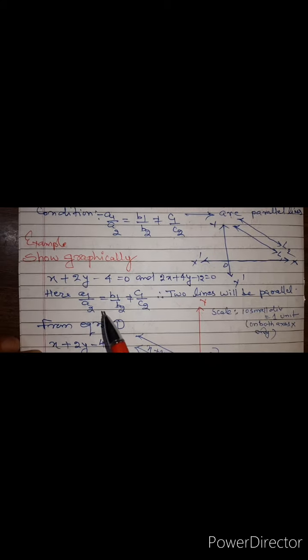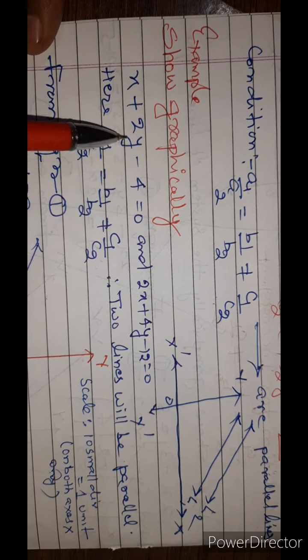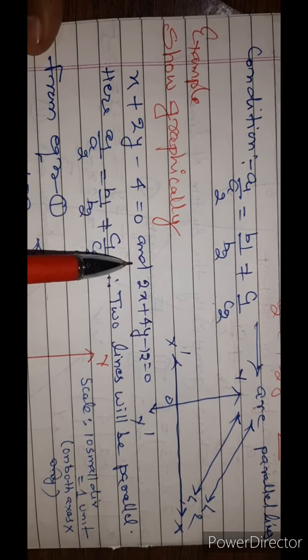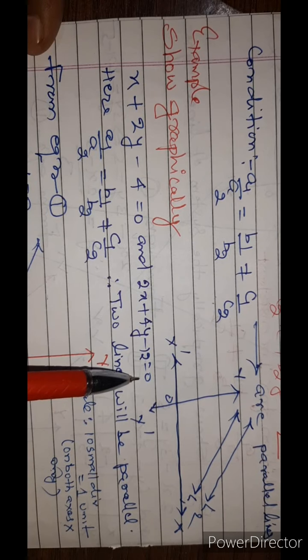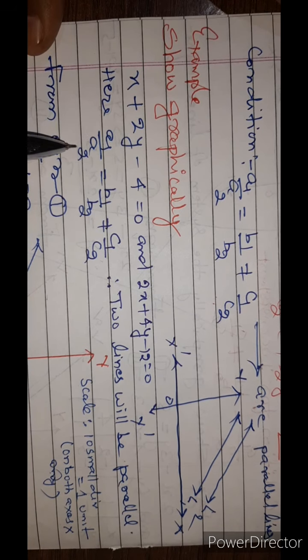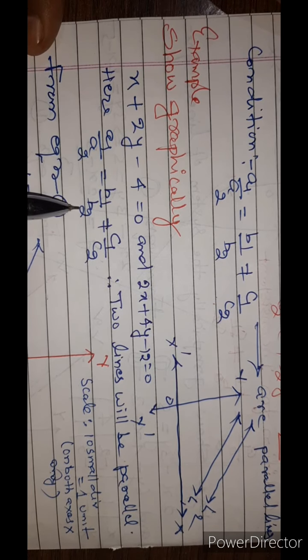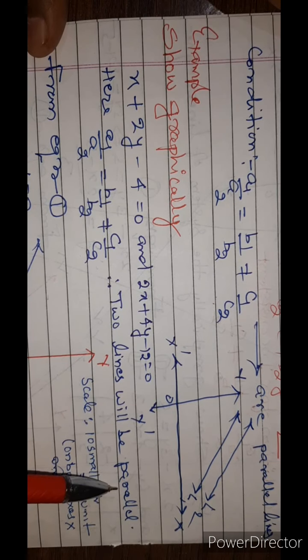So graphically, x plus 2y minus 4 equal to 0 and 2x plus 4y minus 12 equal to 0. Here, student, we observe that A1 by A2 is equal to B1 by B2 but not equal to C1 by C2. Therefore, the two lines will be parallel.